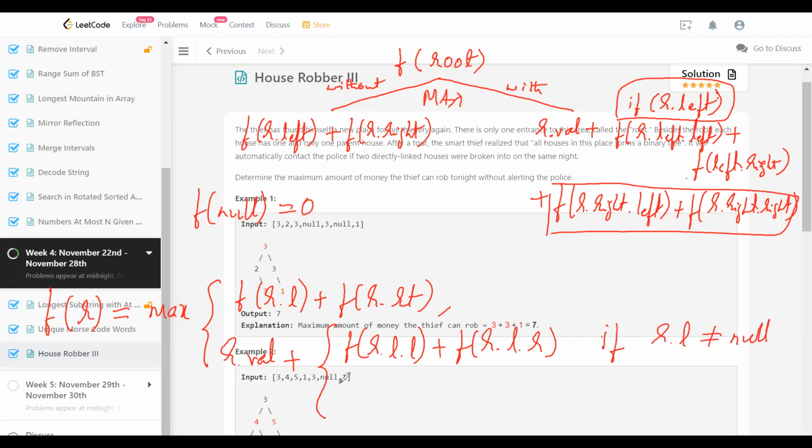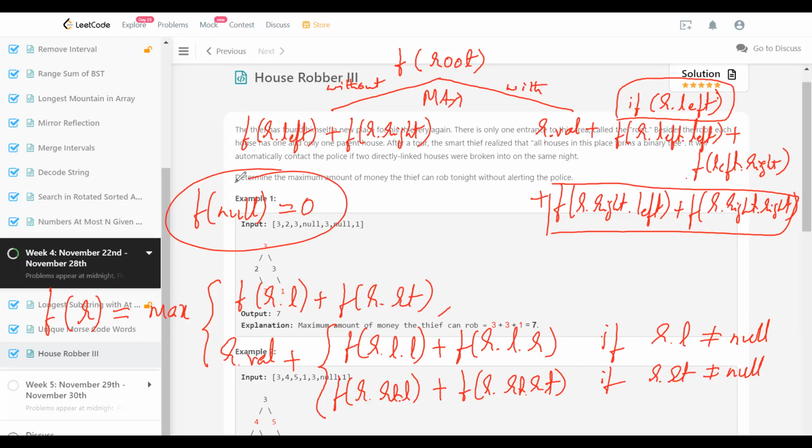And similarly, f of root.right.left plus f of root.right.right, if root.right is not equal to null, all right. So this is the recurrence, and clearly this is the base case: f of null is equal to 0, right? We just have to implement this one.